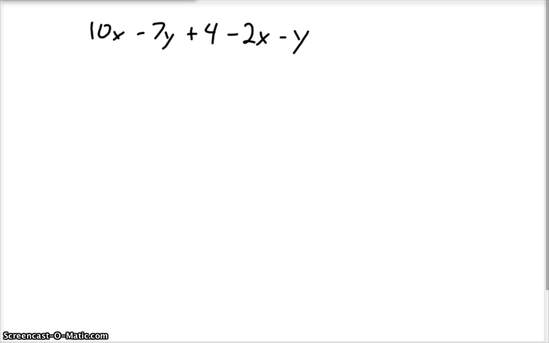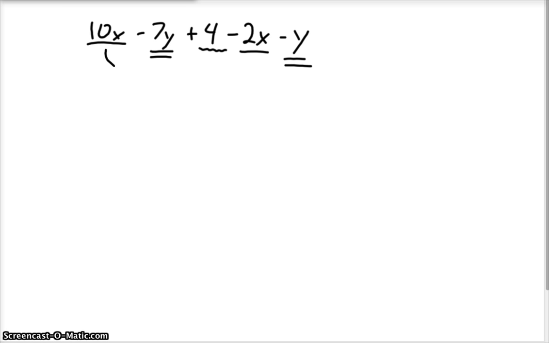The first step that I'm going to do, because I'm just starting out, just learning, is to underline our terms. I'm going to do one line for x, two lines for y, and this is just plus 4, so it's all alone, so I'm going to make just a squiggle mark. Then we have another x, and we have another y.